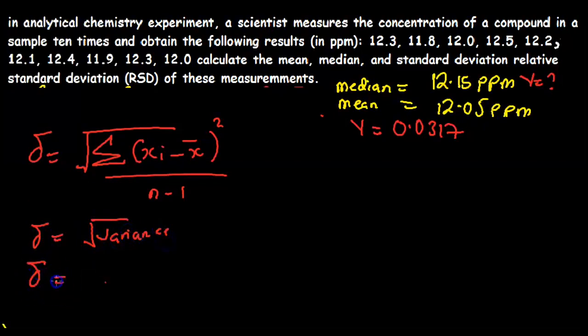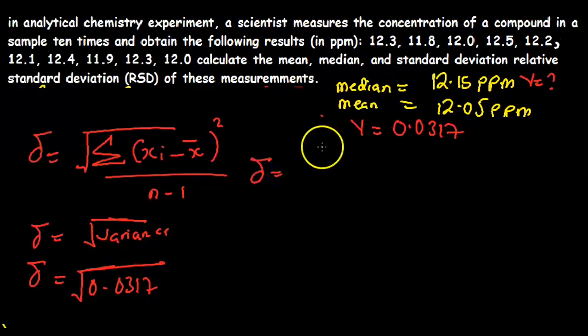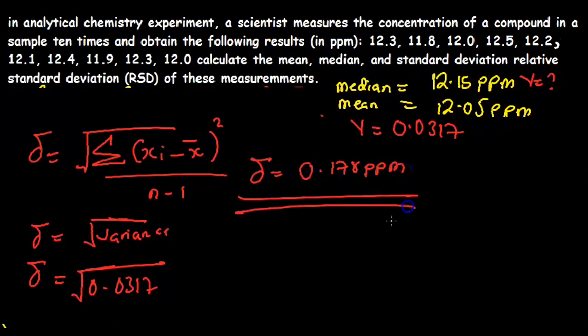Standard deviation is simply the square root of 0.0317. In this case, the standard deviation is simply going to be 0.178 ppm, and this is it for the standard deviation.